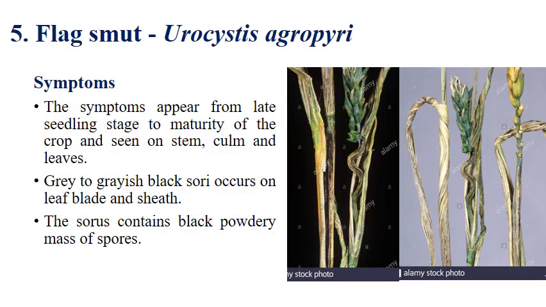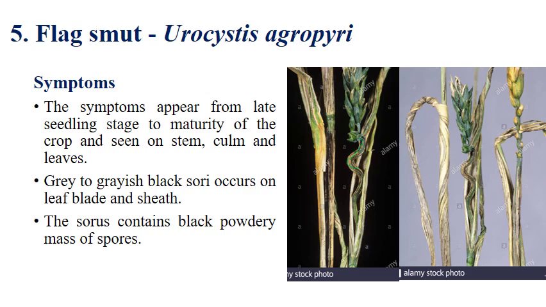So coming to flag smut, which is caused by Urocystis agropyri. On the right side, we can see the symptoms that appear at the seedling stage. The seedling stage is the most vulnerable stage for this flag smut, from seedling to maturity, and we can see it on stem, culm, and leaves. A grayish black sore appears on the leaf blade and leaf sheath.